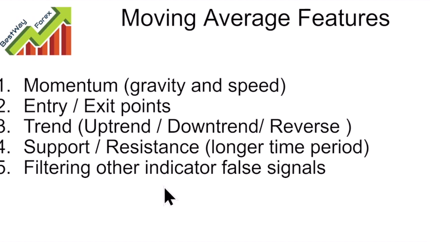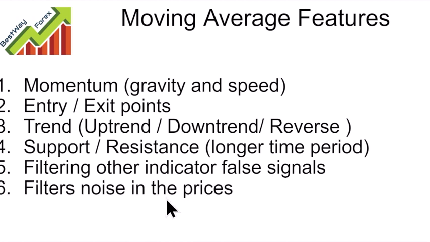Okay, the other one is filtering noise in the price. That is the beauty of the MA, it is basically built for that reason. Because prices are moving, we have a lot of spikes and very strange movements in the prices.